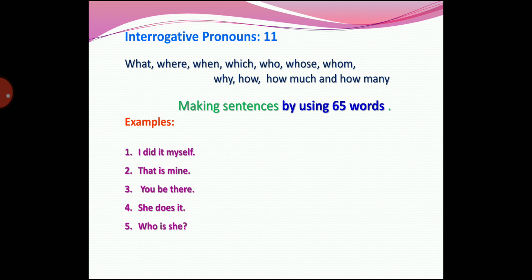I, pronoun; did, helping verb; it, pronoun; myself, possessive pronoun. I did it myself. None other than these words have I used in this sentence. Whatever the list of the 65 words I have given, from them I have creatively made a sentence by using only them, not any other words.